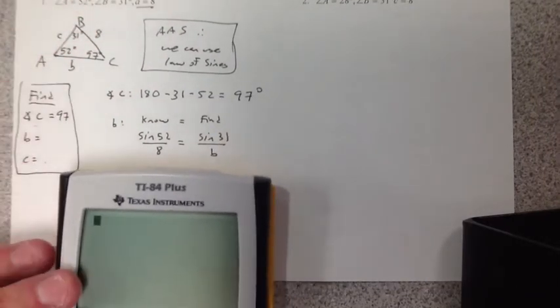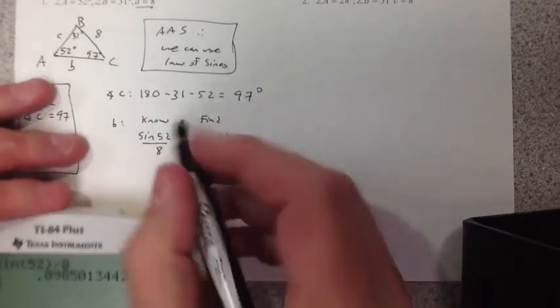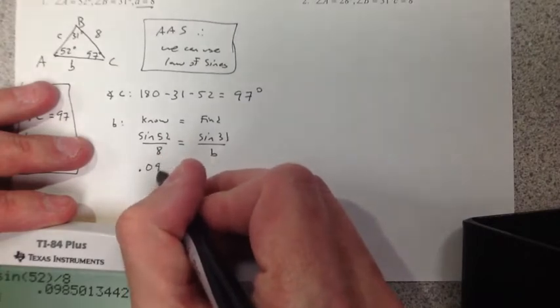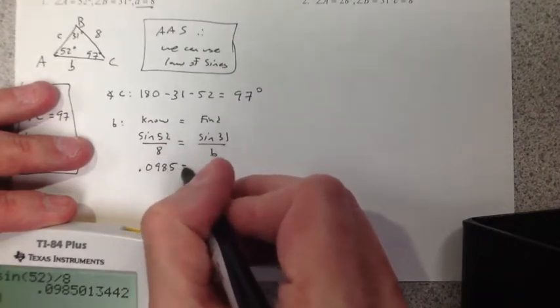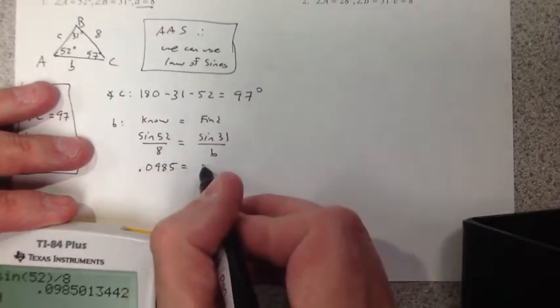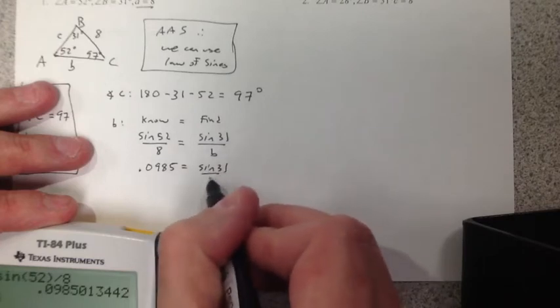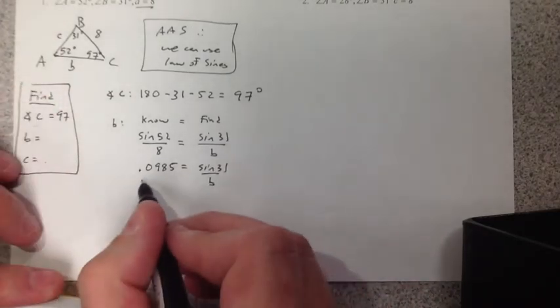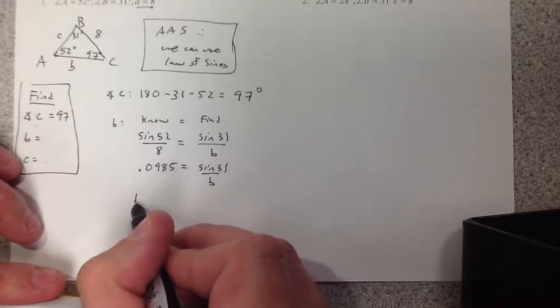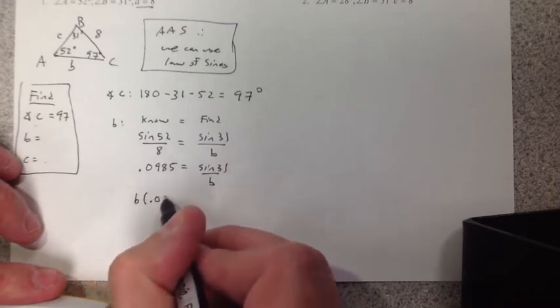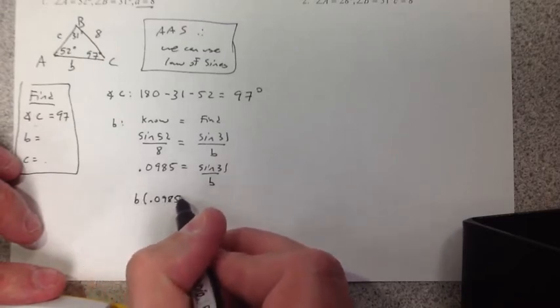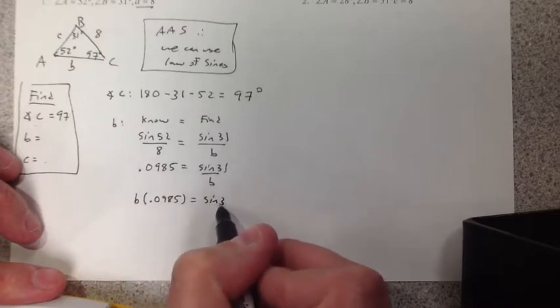Okay? So that's going to give me the sine of 52 divided by 8. And that gives me 0.0985, going about 4 decimal places, is equal to the sine of 31 over little b. Cross multiplying, I'm going to get b times 0.0985 equal to the sine of 31.